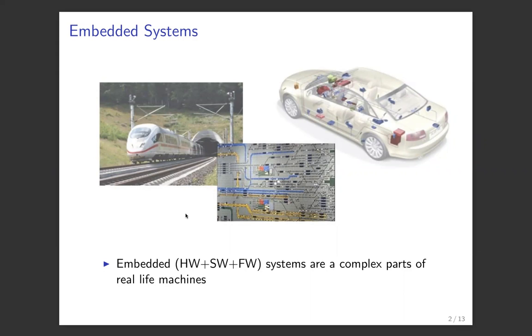Anyway, so nowadays you see what I call embedded systems. I keep using computational systems, but what I really mean is embedded systems, and these embedded systems can have hardware, software, and some firmware. This firmware is really a low-level software. The high-level software is the application level, which is written in Python, C, and so on.